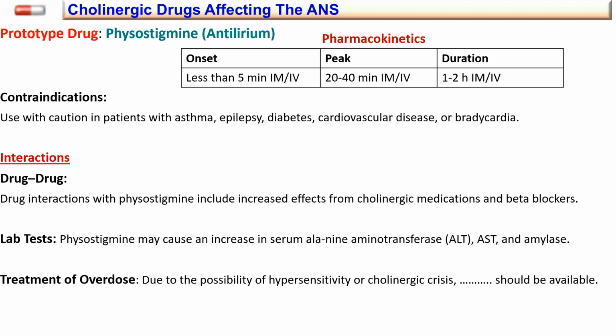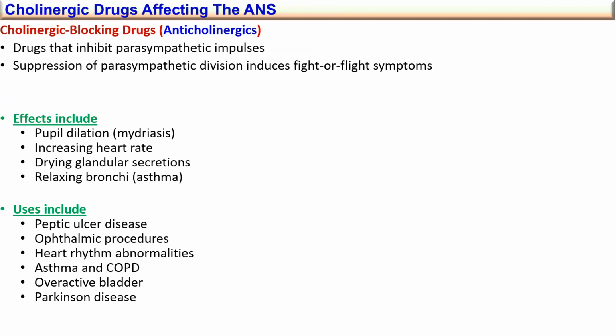Labs: it may increase ALT, AST, and amylase. In overdose, atropine should always be available, because atropine is the antidote for physostigmine overdose. Next: cholinergic blocking agents, or what are called anticholinergic drugs.